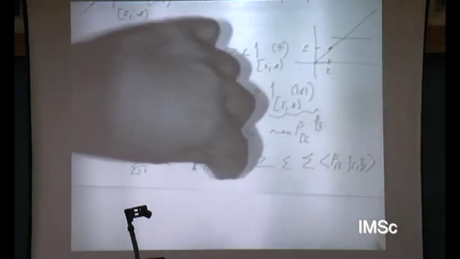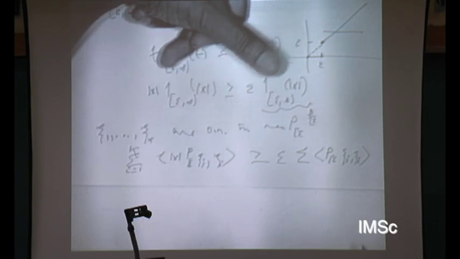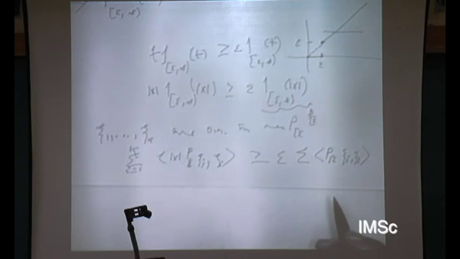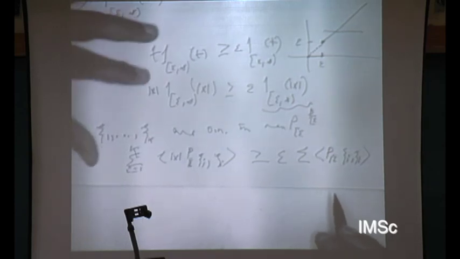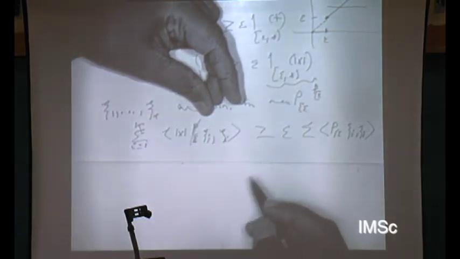And I have taken vectors in the range of P epsilon, so P epsilon xi i is equal to xi i for every i. That means I can ignore this P epsilon.